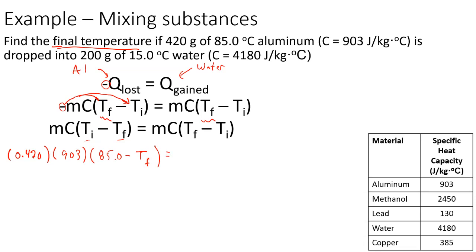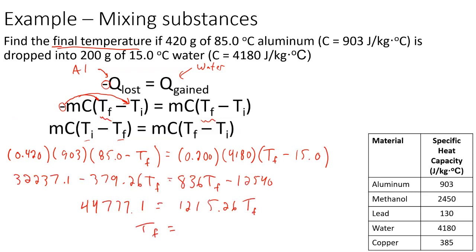Okay, water on the right side of our equation is 0.2 kilograms. Its specific heat capacity is 4180 joules per kilogram degrees Celsius. And then we'll have our T_f minus our initial temperature that it starts at.